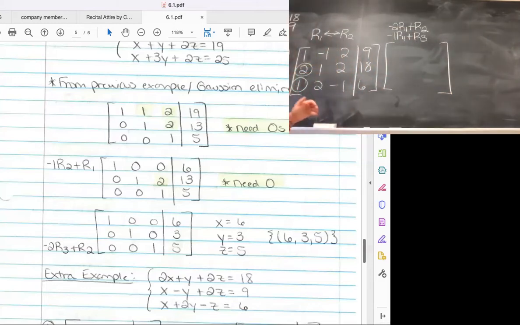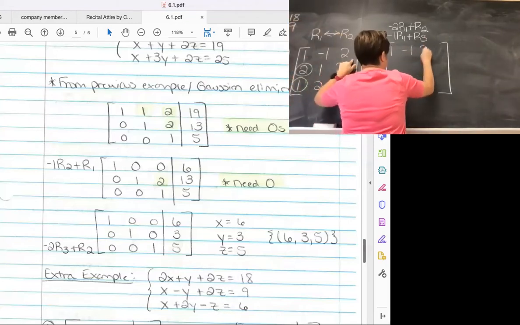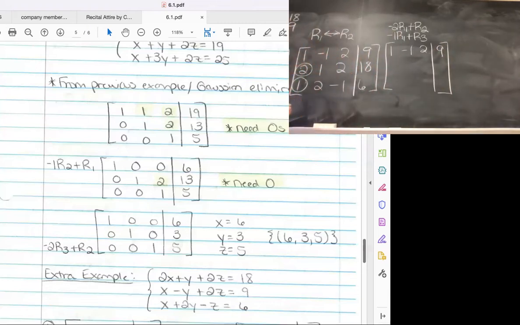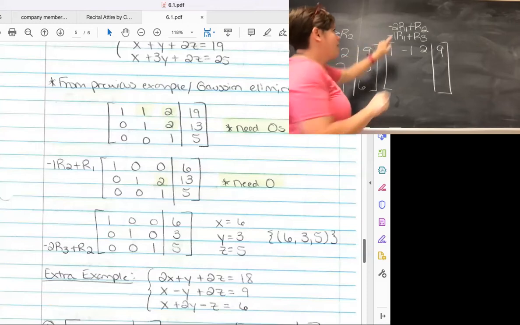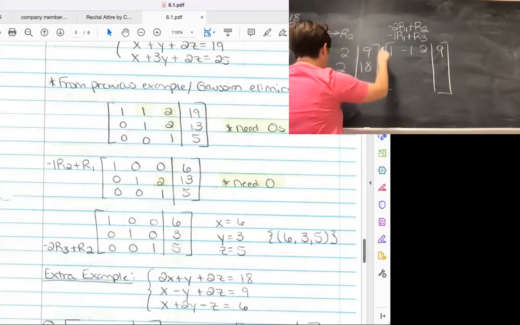So the only row that I am not messing with is row 1. So it's 1, negative 1, 2, and 9. Now I'm going to concentrate on row 2. I'm going to concentrate on that first 0. So I have negative 2 times row 1, and then I'm going to add it to row 2.